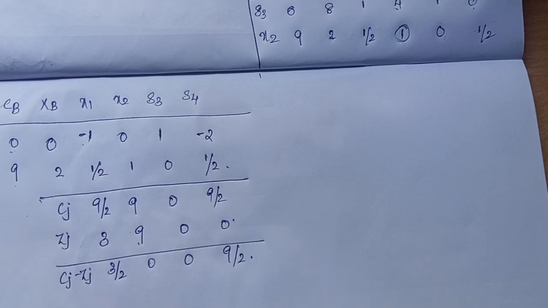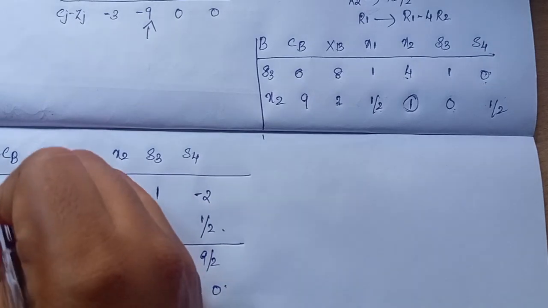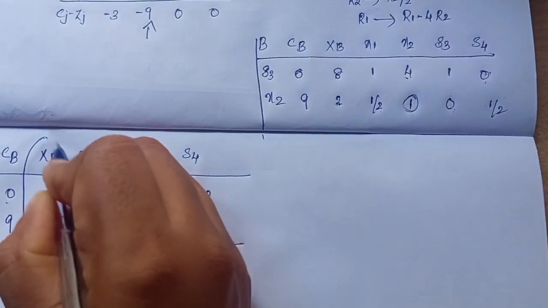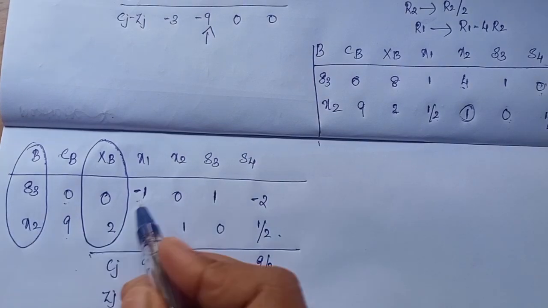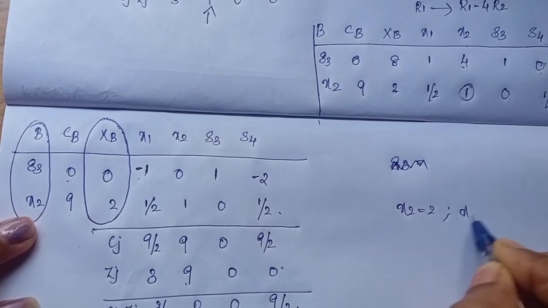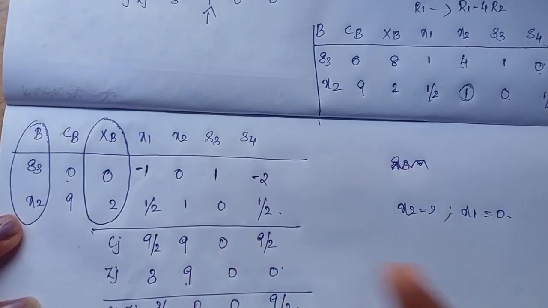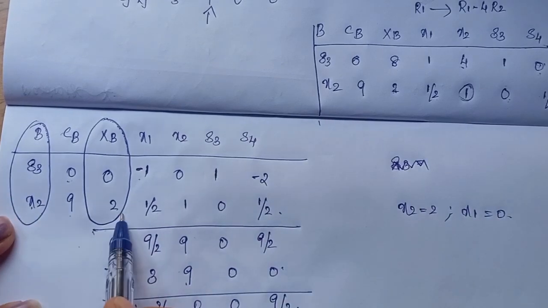Therefore this is the optimal solution and we can stop the iteration process. From here we choose the column corresponding to B and the column corresponding to XB and we equate the values. Here we get x2 equal to 2 and x1 equal to 0. Here x1 is absent, so we choose x1 as 0 and x2 is 2.